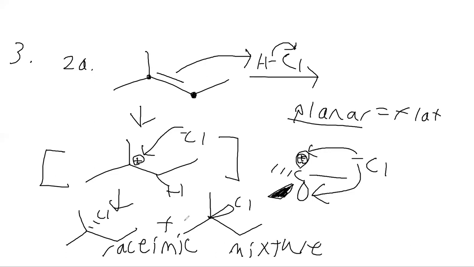Because you got an equal mixture of the two, the rotation of light cancels out and it doesn't rotate light. This exact question he probably wouldn't ask, but he might ask, what's the geometry of a carbocation intermediate? Or what's the hybridization? And you tell him what you just told me. The hybridization's sp2, the geometry is trigonal planar.